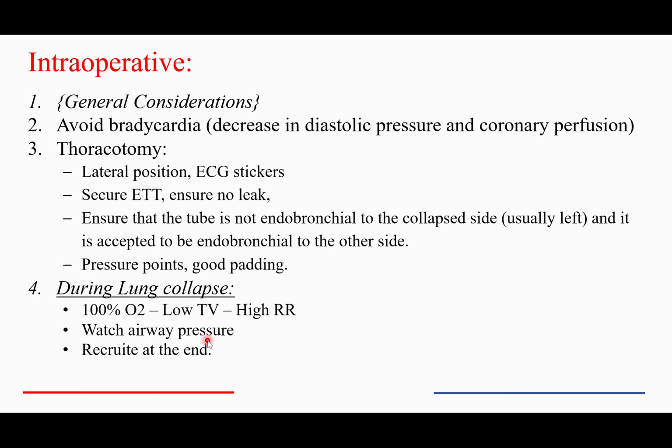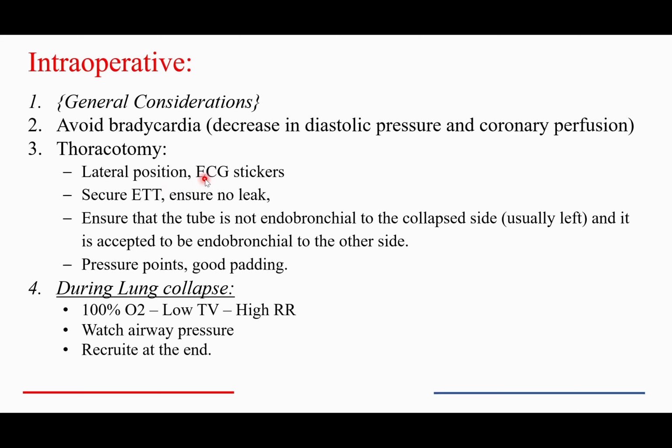Intraoperative general considerations: like left to right shunts, avoid bradycardia, to decrease the diastolic time and avoid the fall in diastolic pressure and coronary perfusion. We take the general precautions for thoracotomy, like the lateral position, and avoid applying pressure and causing bed sores.